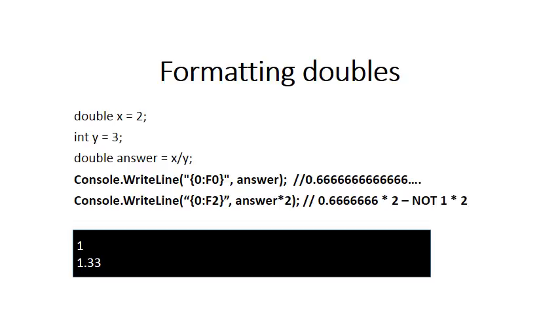The next Console.WriteLine we say display answer times 2. Now if the answer was changed to 1, then we would expect an answer of 2. But the value of answer remains 0.6666. So if we display that after multiplying it by 2 and formatting it to 2 decimal places, the answer is 1.33 and not 2.